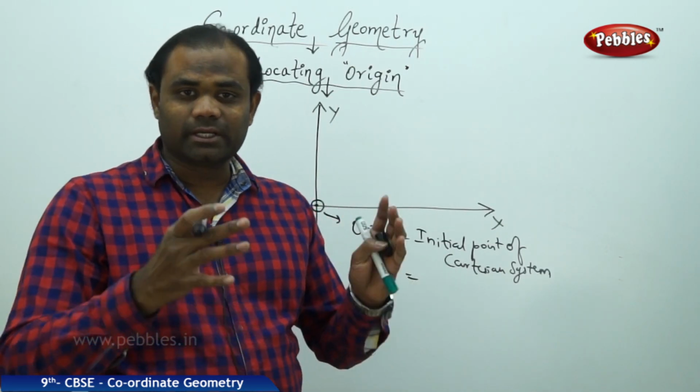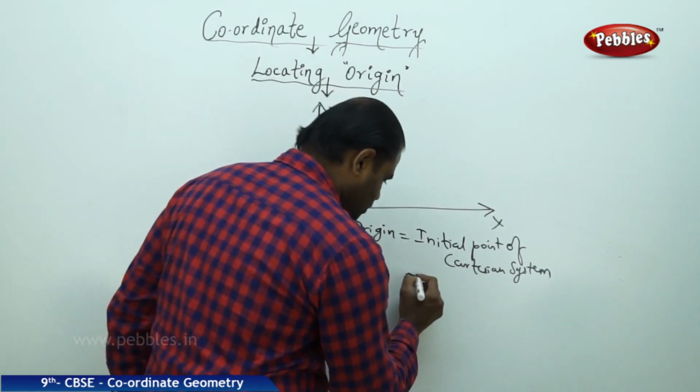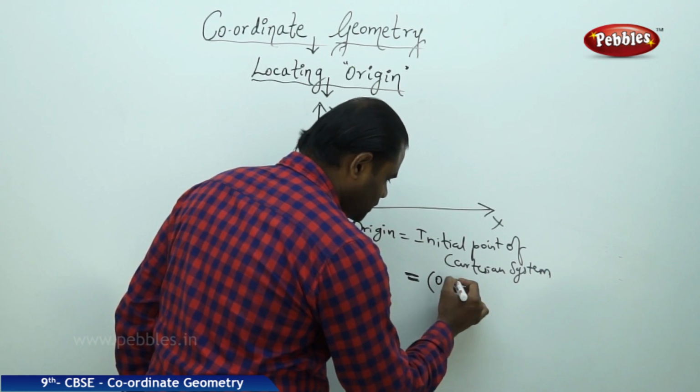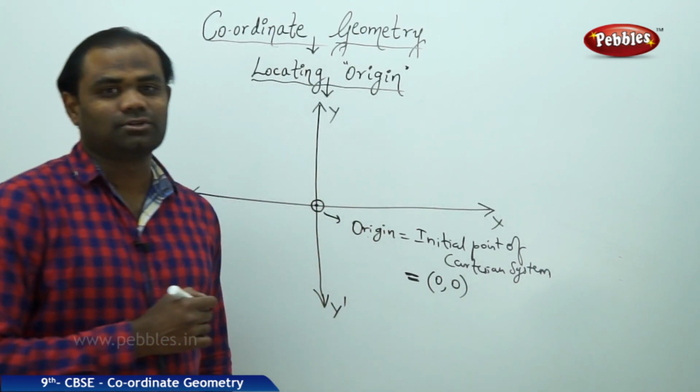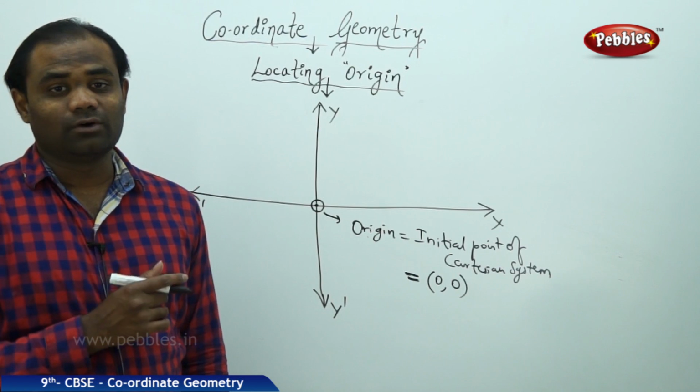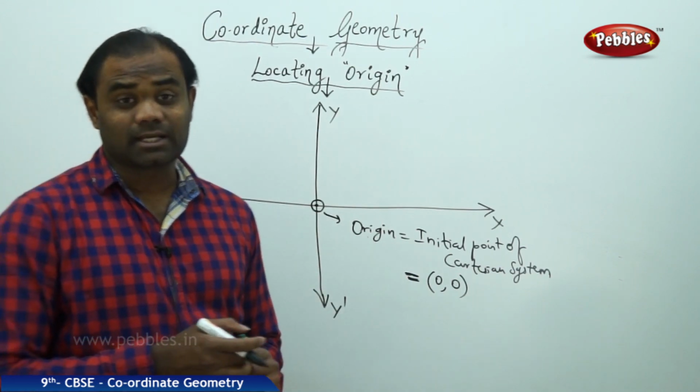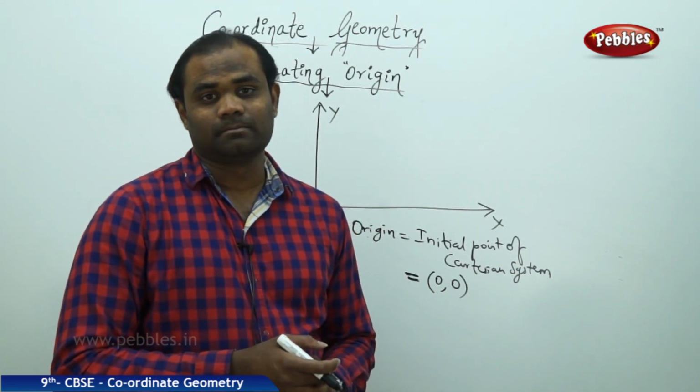It is initially at the point where the x coordinate is assumed to be 0 and the y coordinate also is assumed to be 0. This is how we understand the origin as connected with the Cartesian system.